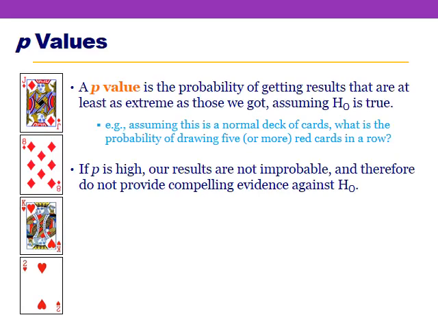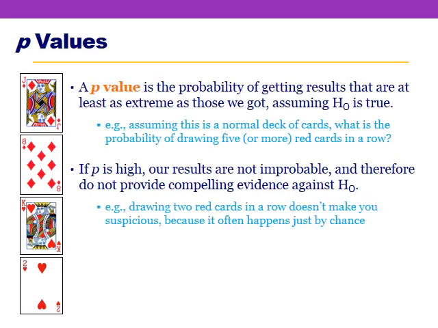For example, drawing 2 red cards in a row is not a big deal, right? I bet very few of you, if any of you, started to get suspicious after we drew only 2 red cards, because it's not that unlikely to happen. So if we had stopped the game after the first 2 cards, you probably would not have been suspicious that this wasn't a normal deck of cards, because that happens all the time.